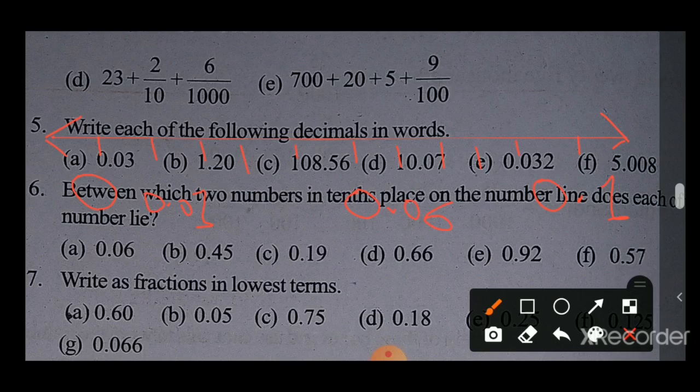That's why we write these numbers in between 0 and 0.1. So the solution for the first part is that this number lies in between 0 and 0.1. This is 0 and this is 0.1, and in between lies 0.06.